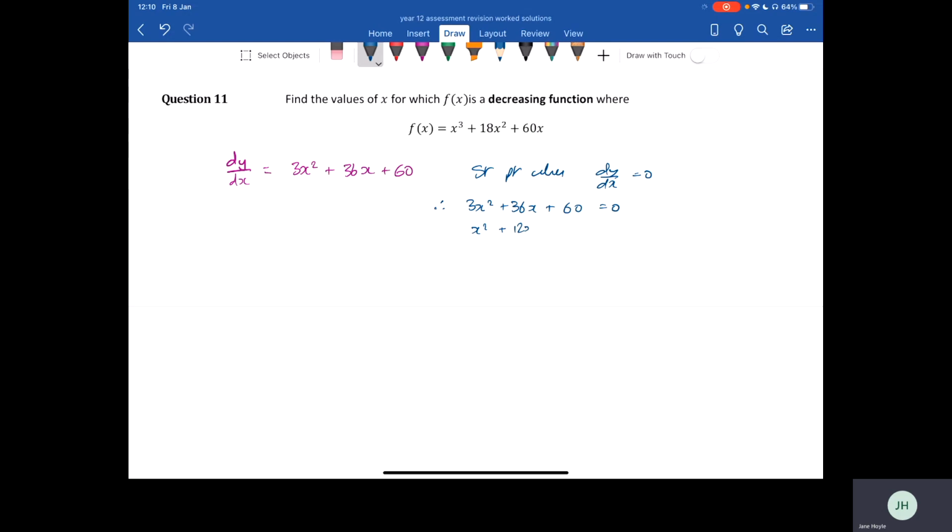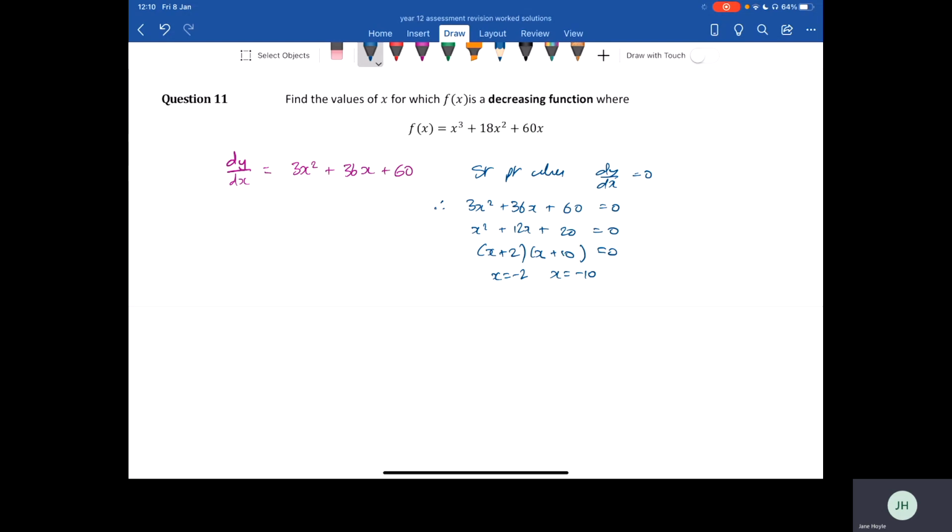Don't divide through by any x's, but of course I can divide through just by a constant. Does that factorize? Oh yes, of course it does. 10 and 2. x plus 2, x plus 10 is equal to 0. So x is negative 2 and x is negative 10. So what this tells us is that we've actually got 2 stationary points.